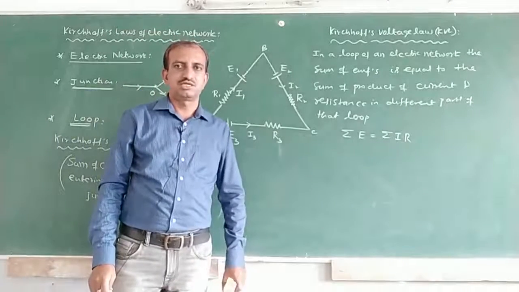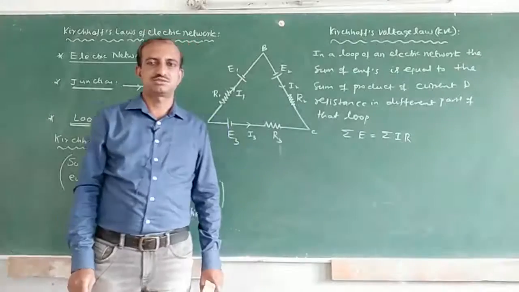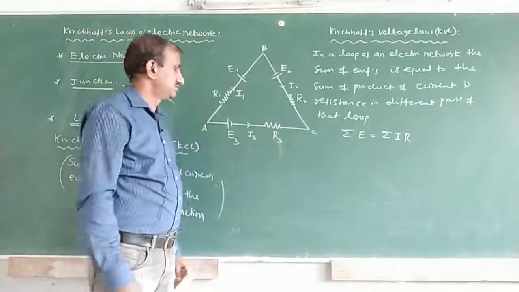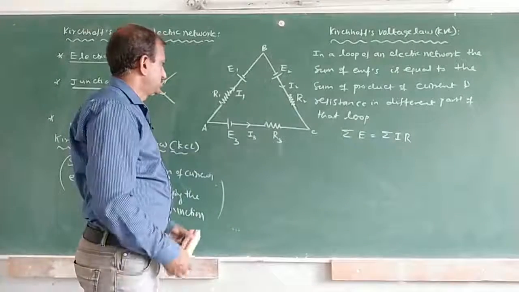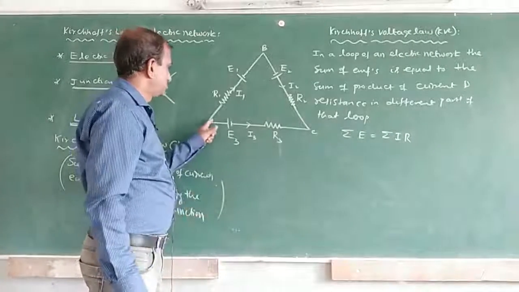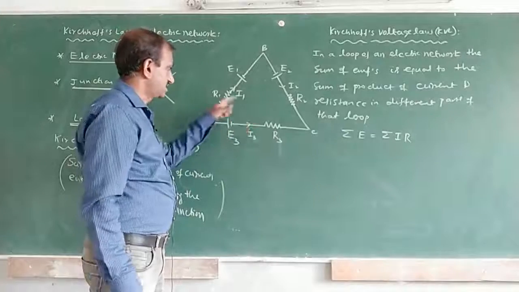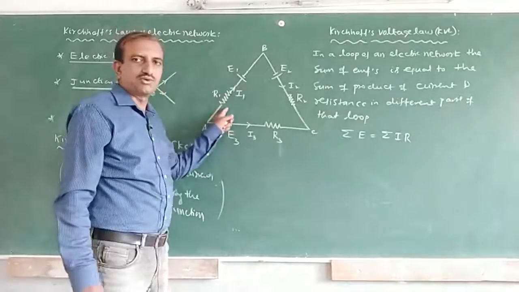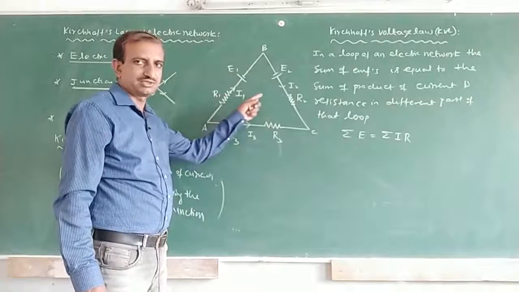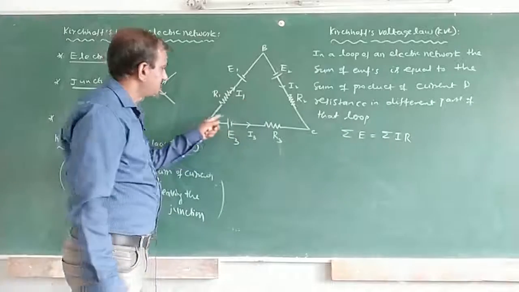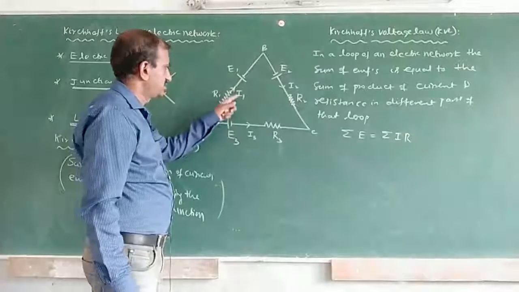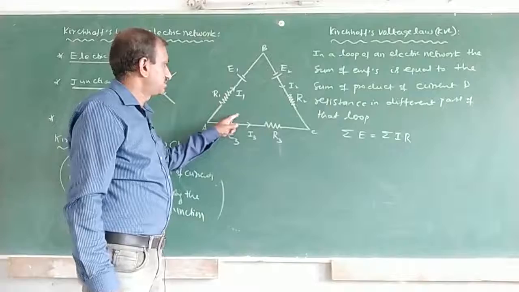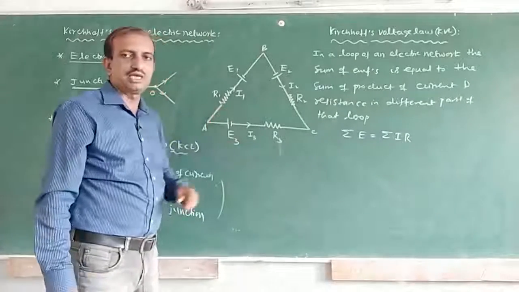There are a few sign conventions adopted in the study of Kirchhoff voltage law. When we are traversing in the clockwise direction, the IR products are taken as positive if the current flows in the direction of traverse. Otherwise the IR products are taken to be negative.